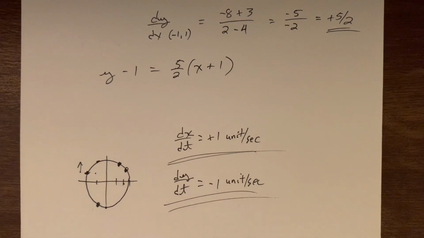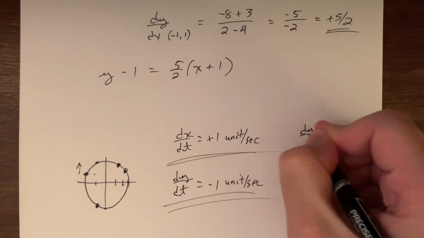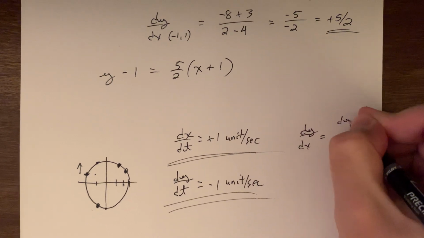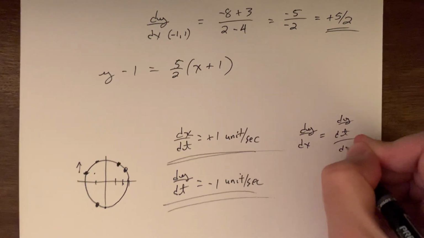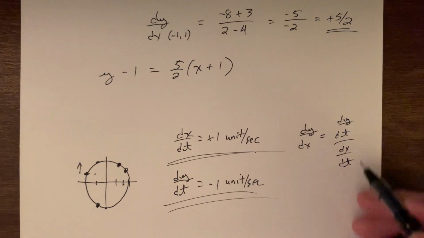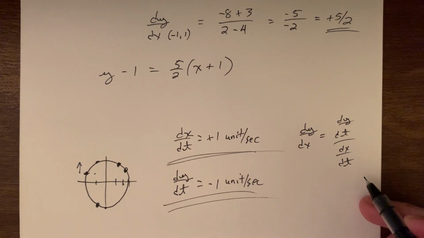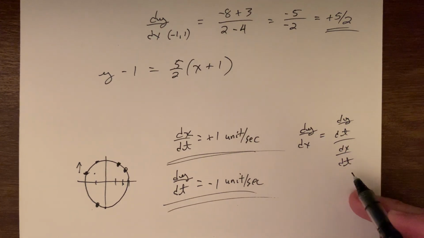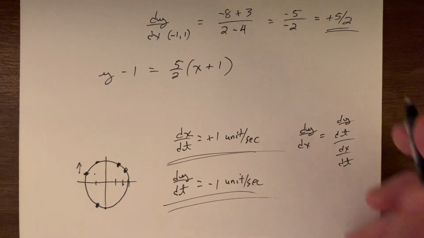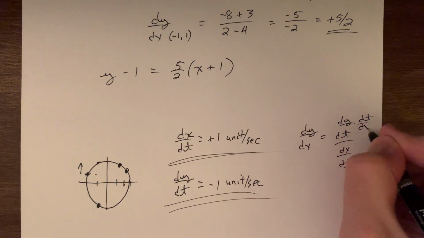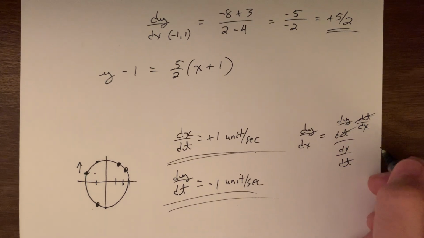You could eventually, if you go into Calc, I don't think this gets brought up until Calc 3, you could eventually get dy over dx here by using the Leibniz notation and realizing that these would cancel. Treat these as fractions, while dividing by dx over dt would be multiplying in this way, and that these would cancel.